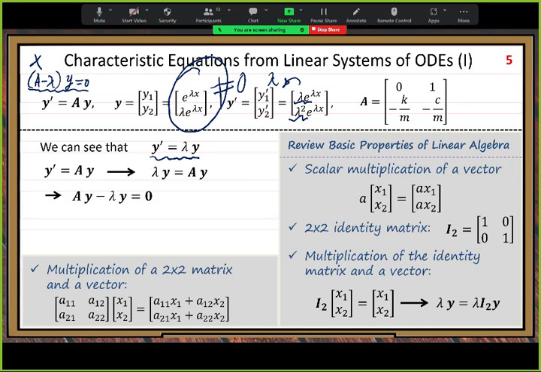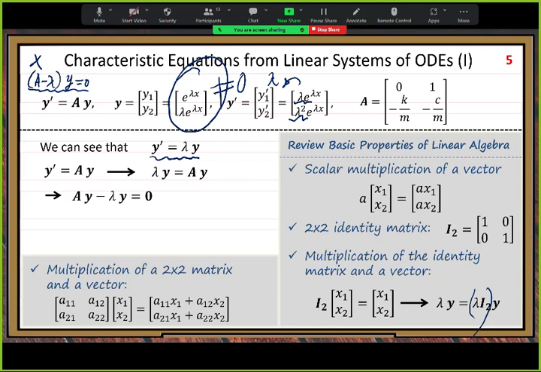Here, lambda y, before we do the factorization, we write lambda y equals lambda times I2 y. That's okay, right? Because I2 times y is y. Identity does not change any vector. But we intentionally put the identity matrix here.